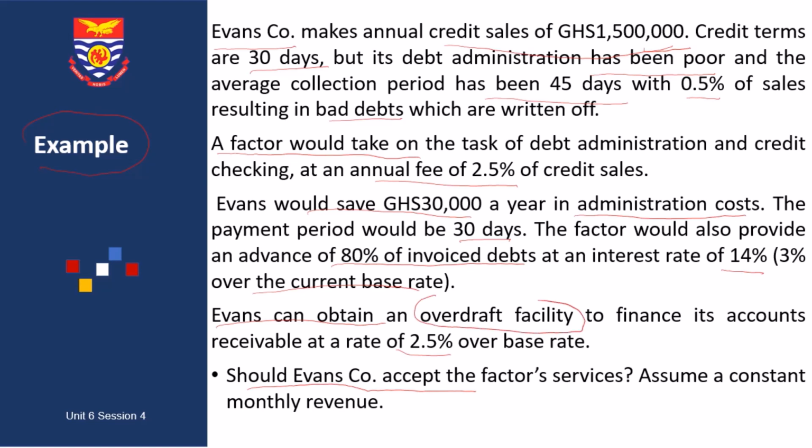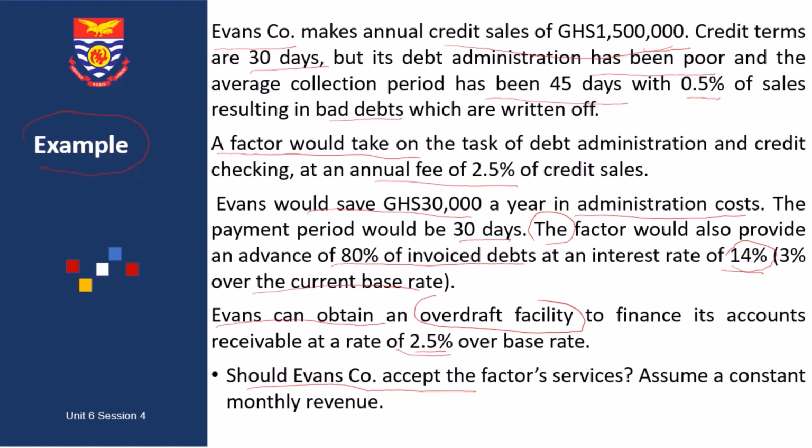So if you are to finance the receivables at the bank, it means you are going to incur the 11% plus the 2.5%. The 11% is coming from the factor, which will also provide an advance of 80% of invoice debt at an interest rate of 14%, but they are saying that it's 3% over the current base rate. So it means that the current base rate is 11%, right?